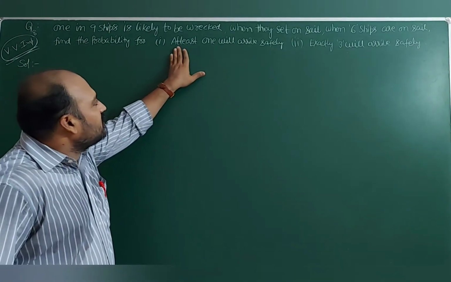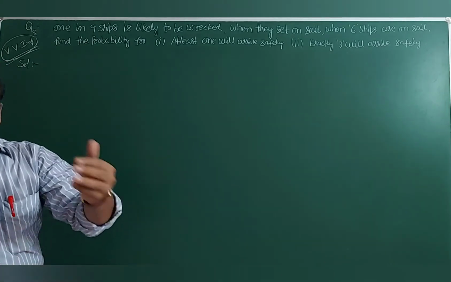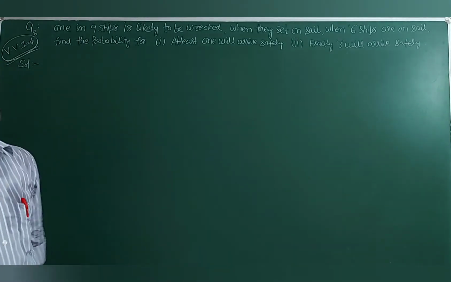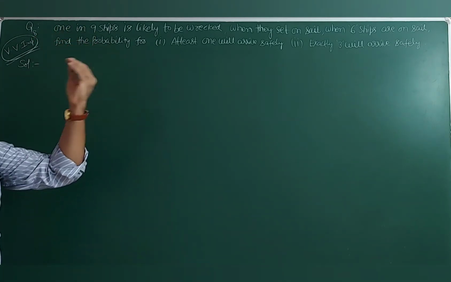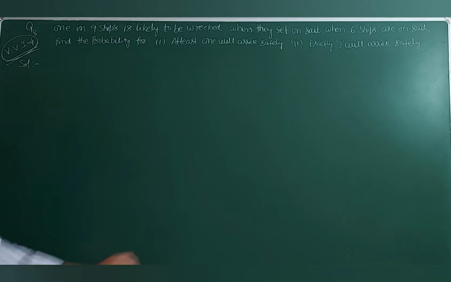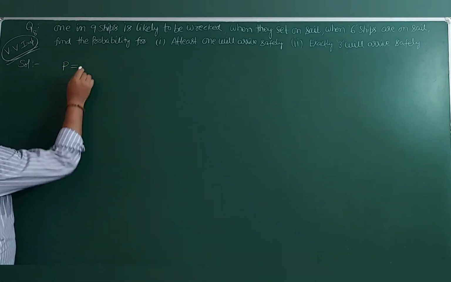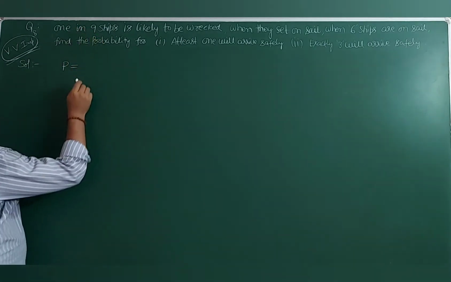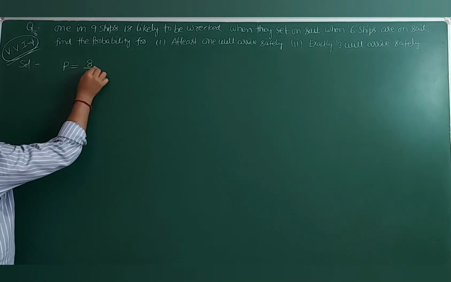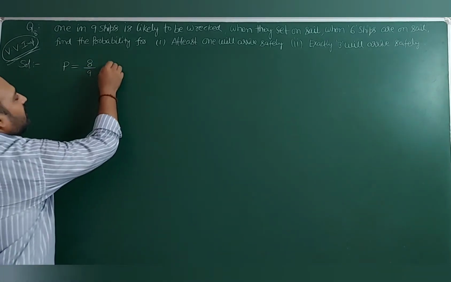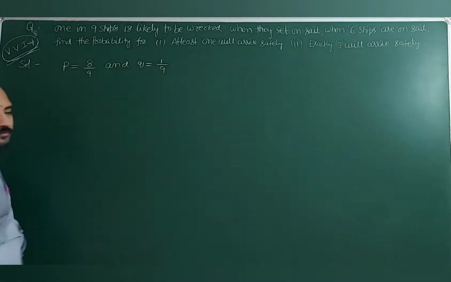First question, if you observe, at least 1 will arrive safely. So this is positive case, success. So out of 9, 1 is spoiled means the remaining 8 will be success. So P is equal to, out of 9, 1 was wrecked, so the rest of them is 8 by 9 is P. And Q is equal to 1 by 9.